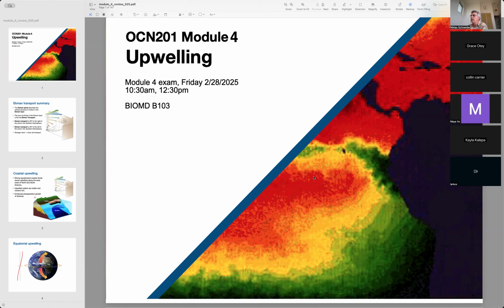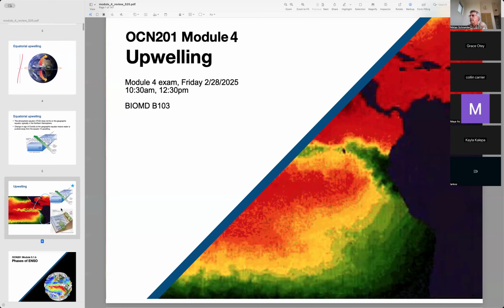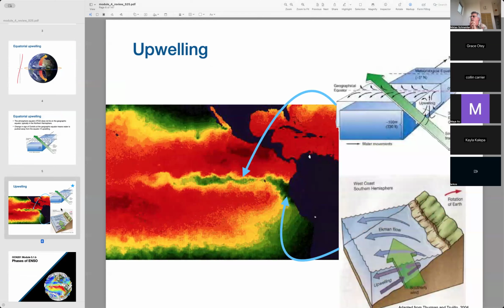Okay, so we had four sections, as I said: upwelling, mesoscale eddies, waves, and the tides. So let's just go through them. The most important thing about upwelling is really its occurrence both at the equator and at the eastern coasts of the basin, and that comes about because the Ekman transports associated with winds are, in the northern hemisphere, to the right of the winds, and in the southern hemisphere, to the left of the winds.